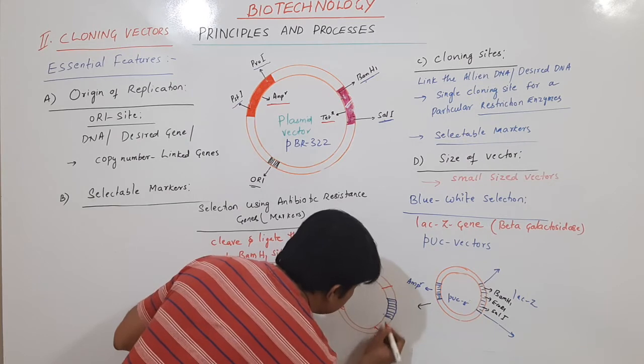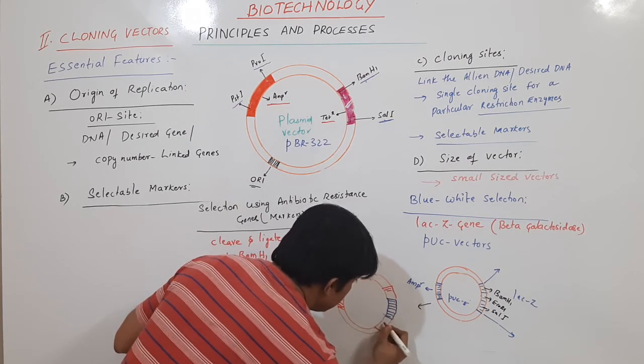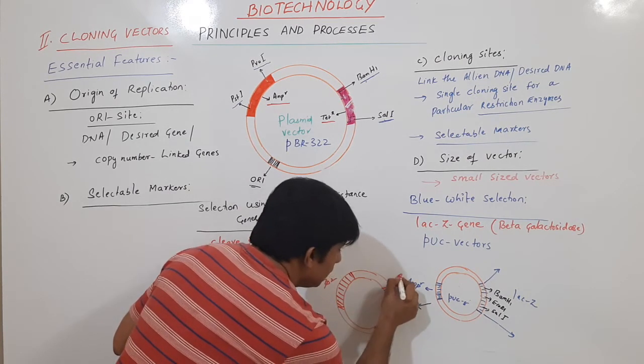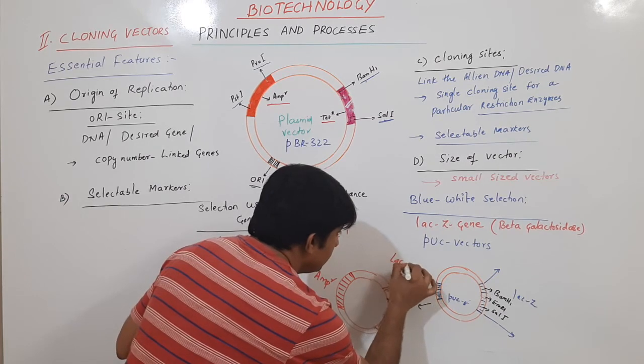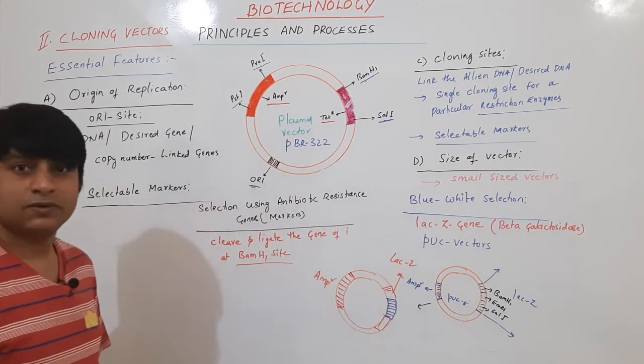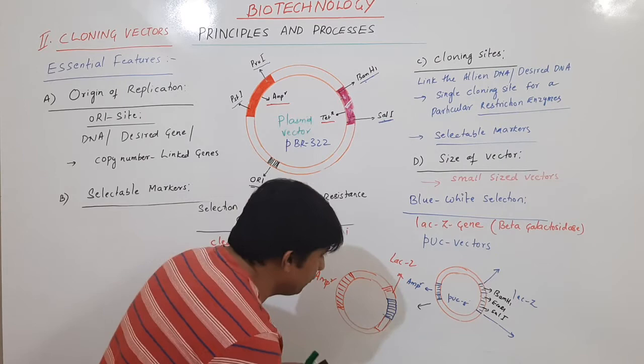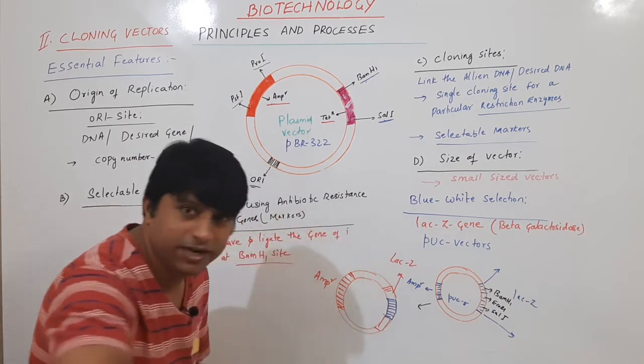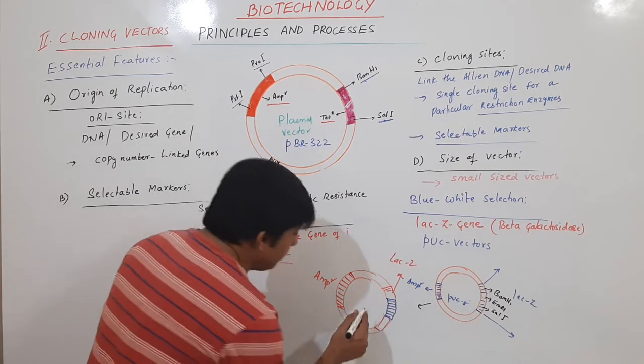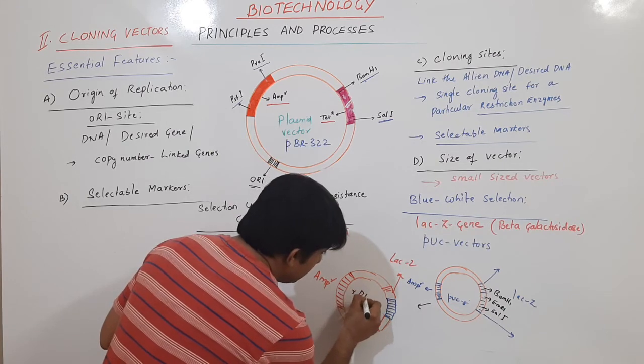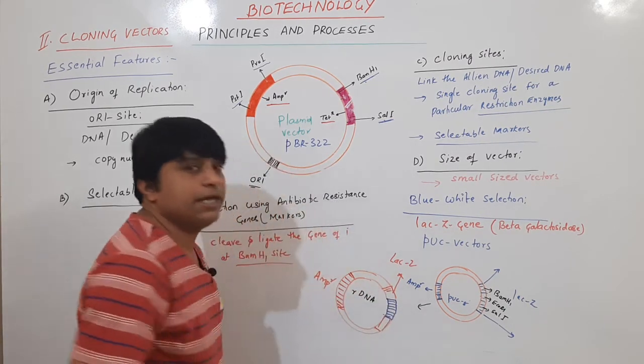This is your lacZ marker. Because it is cleaved by adding our gene of interest, this now becomes recombinant DNA.